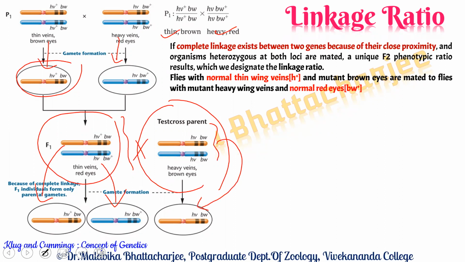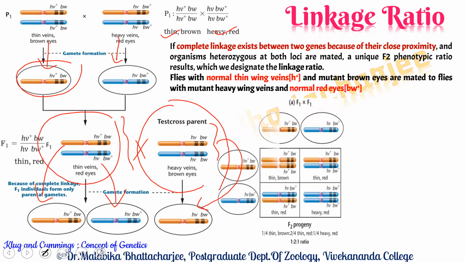Now we have two situations. The first situation is when F1 is interbred with another F1. So these are the parental gametes. These are also the parental gametes. When they are inbred, we are getting a product like this. What does the product signify?